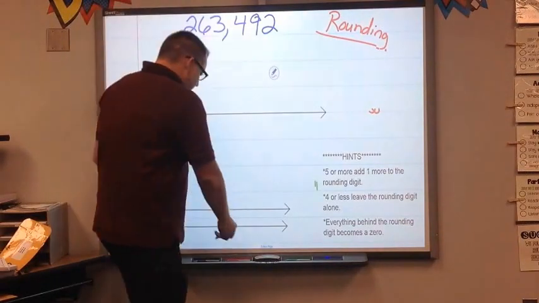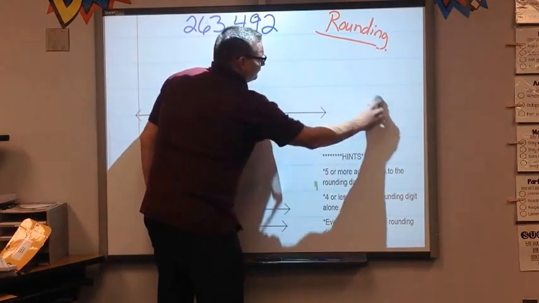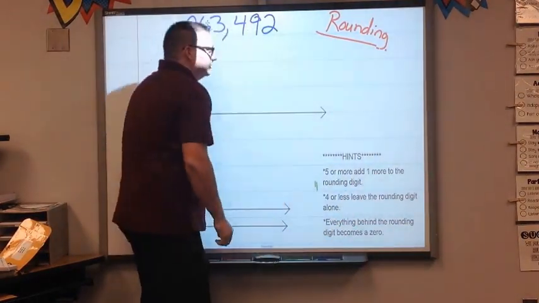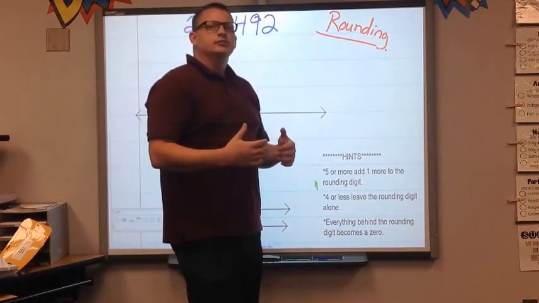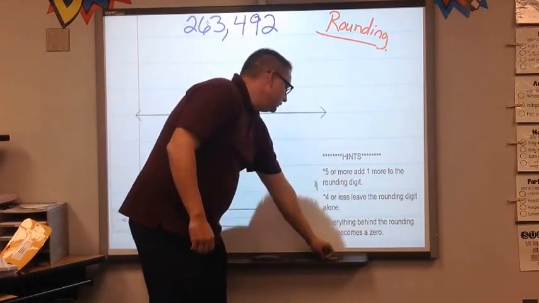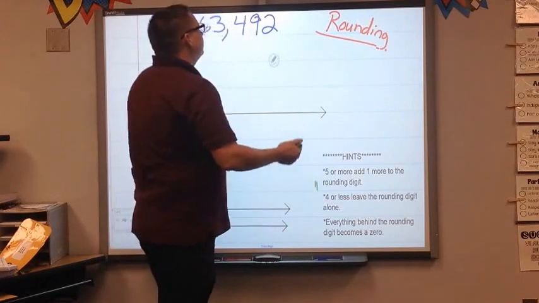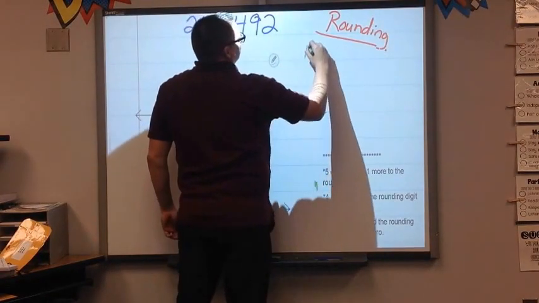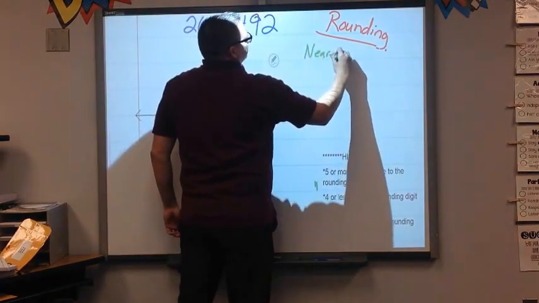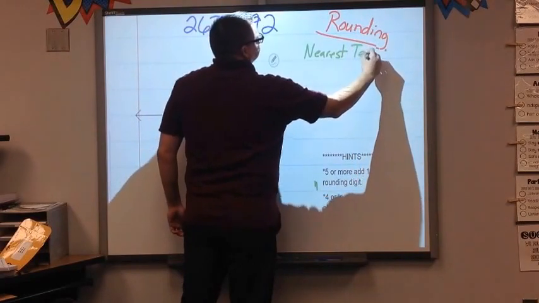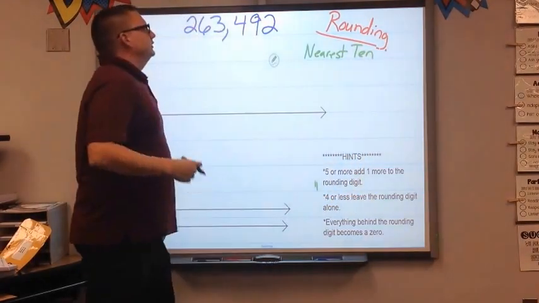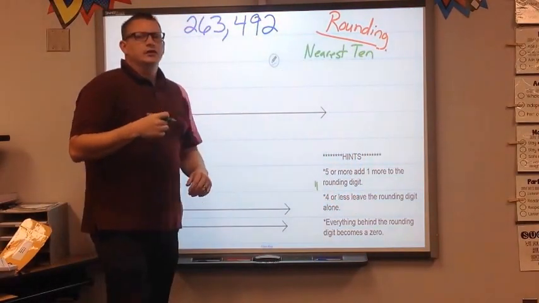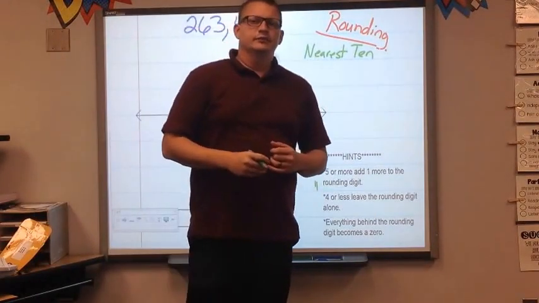Okay. Now, on our number line, the whole point of our number line is to find out what it goes in between. All right. Now on this one, let's say we're going to round to the nearest 10. Okay? So the biggest thing here is if we're going to round to the nearest 10, our rounding digit is going to be in the tens place, right?